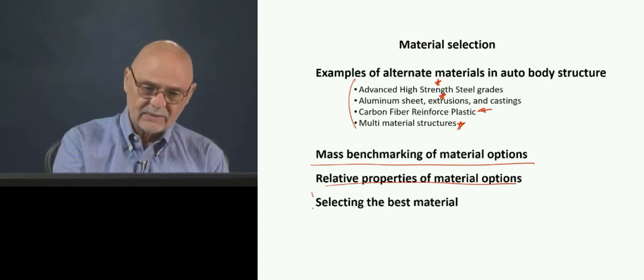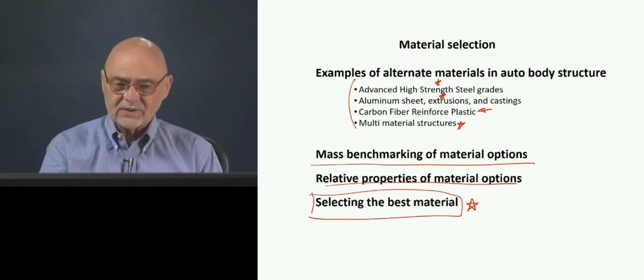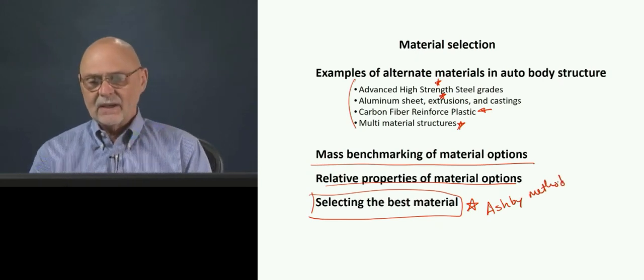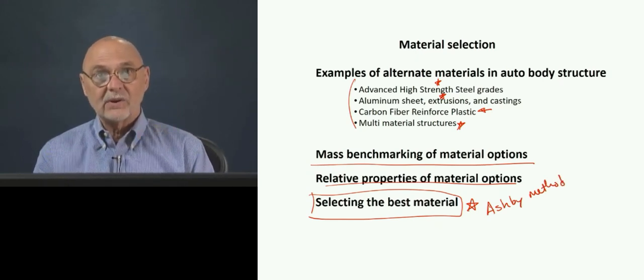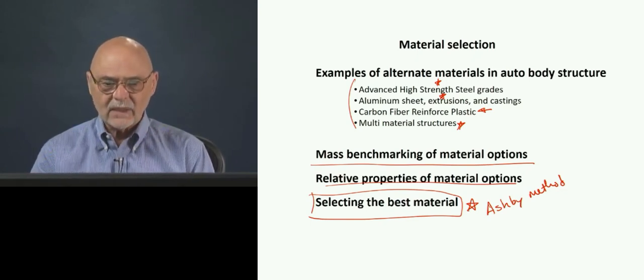Finally, the really important takeaway from this lecture is the Ashby method of material selection, which, particularly for preliminary designs, allows you to screen out a lot of materials very quickly.